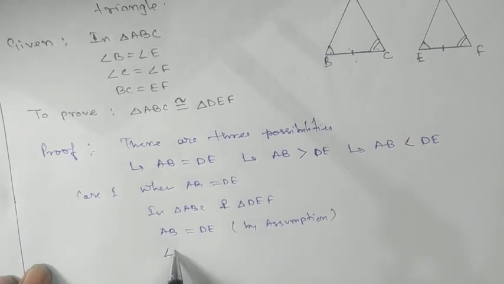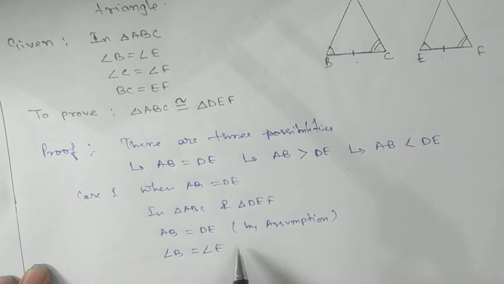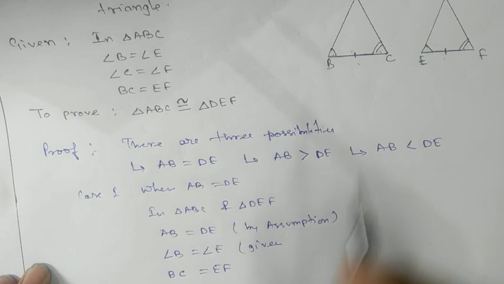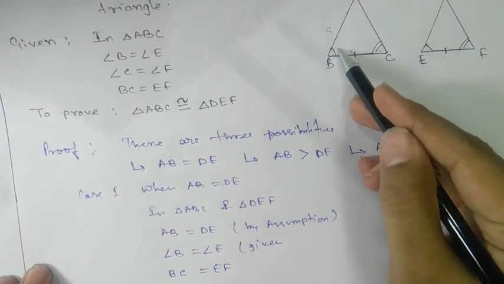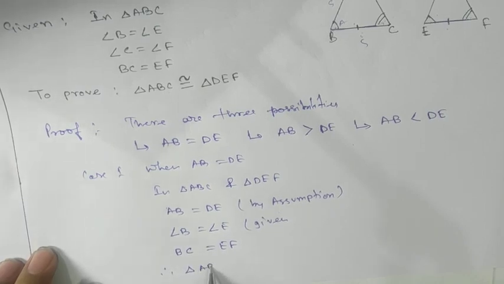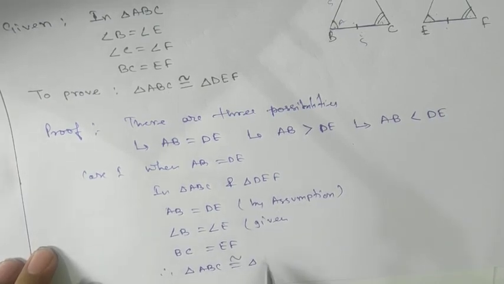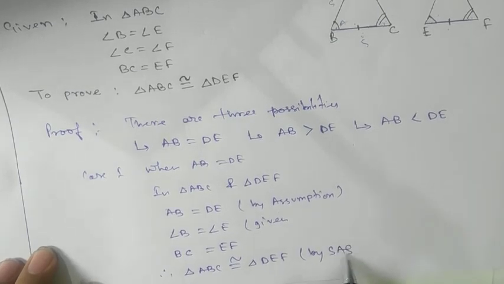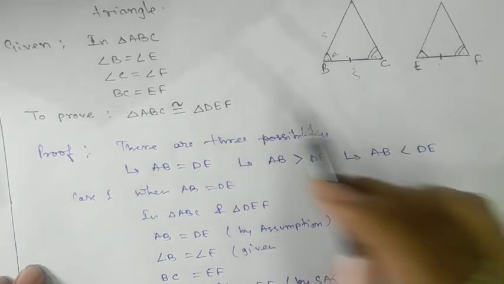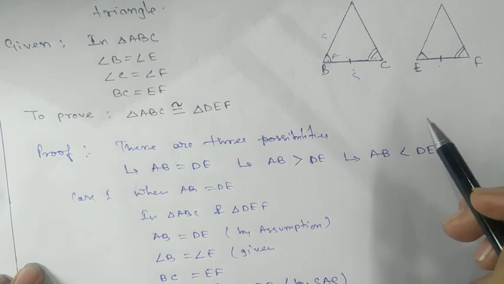Second, angle B equals angle E, given. And the third, BC equals EF. You can see this is SAS. Therefore, we can say triangle ABC is congruent to triangle DEF by SAS. And the theorem is proved for the first case, if AB equals DE.